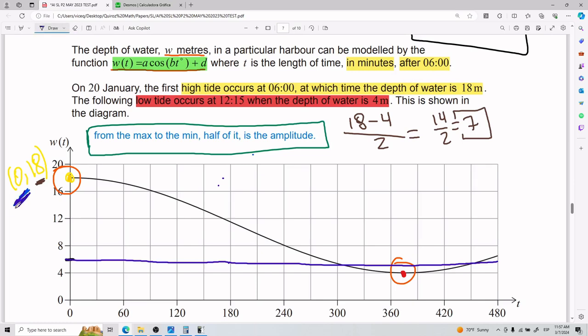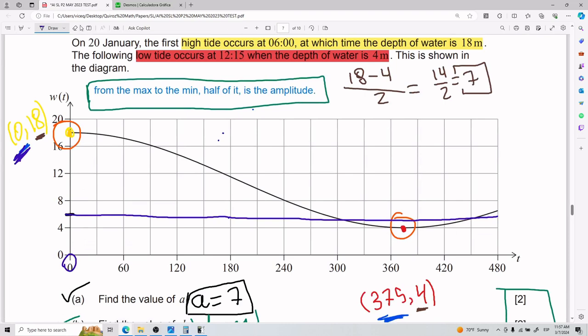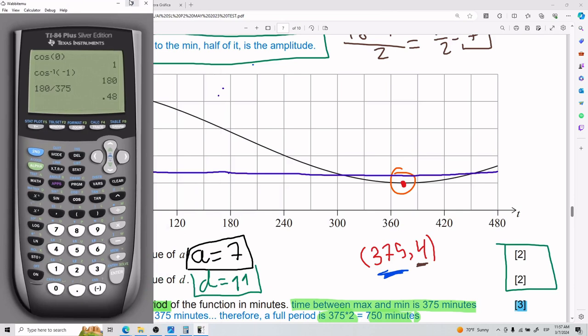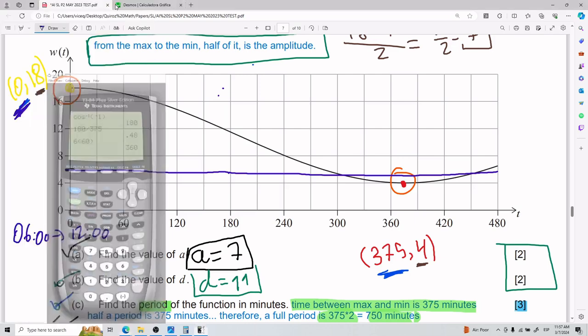To reach from 6 o'clock to 12 o'clock, how many hours is it? Easy, it's 6. How much is that in minutes? Well, 6 times 60 gives me 360. And so where in my graph I have 360 is exactly when it's 12 o'clock.